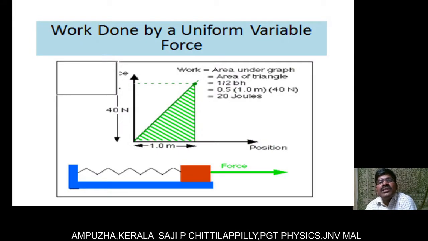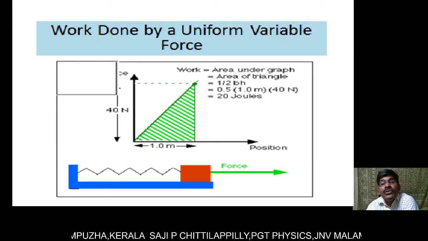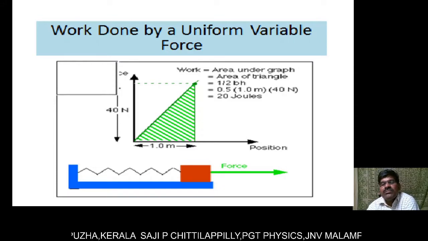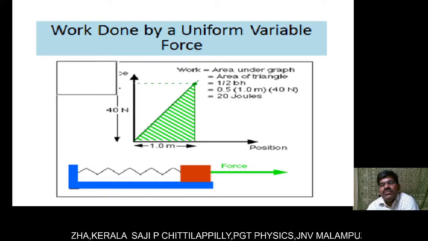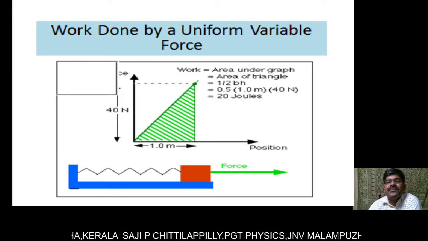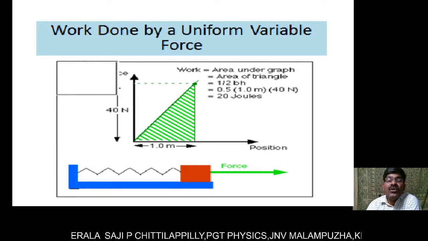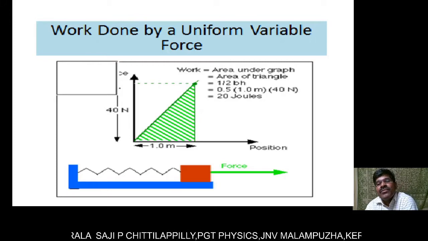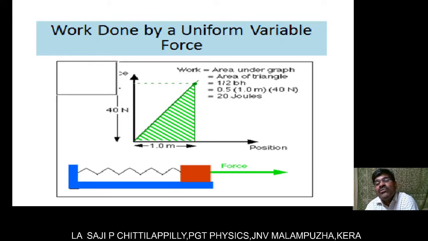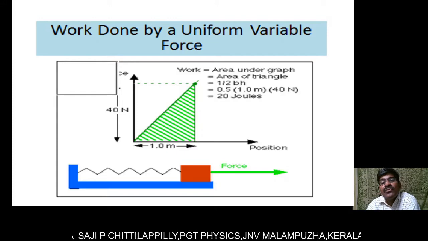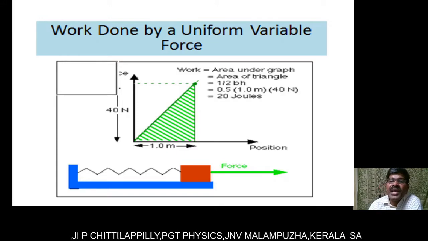Now just look here, the case of a uniform variable force. Force is uniformly varying. What will be the nature of the graph we are going to get? From the figure we know, if the force is uniformly varying, the force displacement graph will be a straight line with a slope.